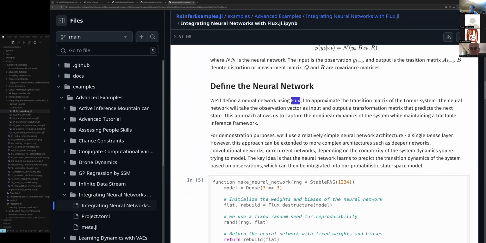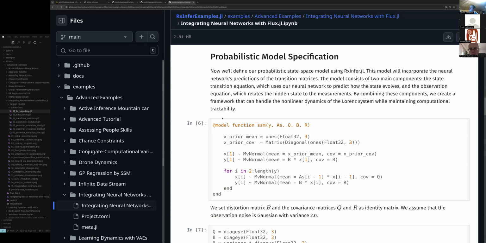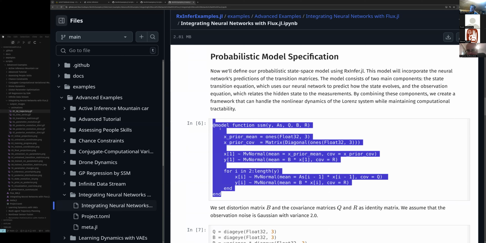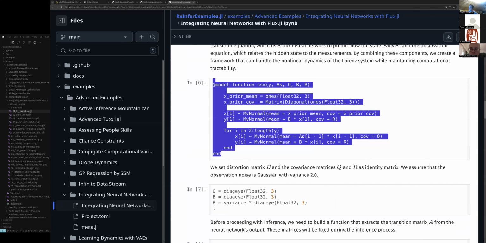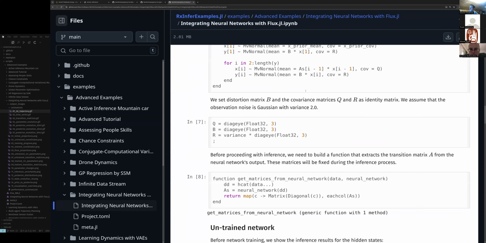Flux.jl is used as a neural network package in Julia. Here's the RxInfer probabilistic model. We could return more to this, or people can learn more about RxInfer or get involved in the project. But this is a very simple state space model with just 5 variables.